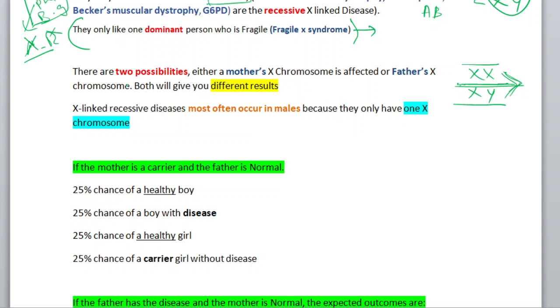Because the mother's X chromosome could be affected, or the father's X chromosome could also be affected, but both will give you different results. That's why it is important to identify which X chromosome is affected, whether from the father or from the mother. If it is from the father, it will have a different result. If it is from the mother, it will have different results.